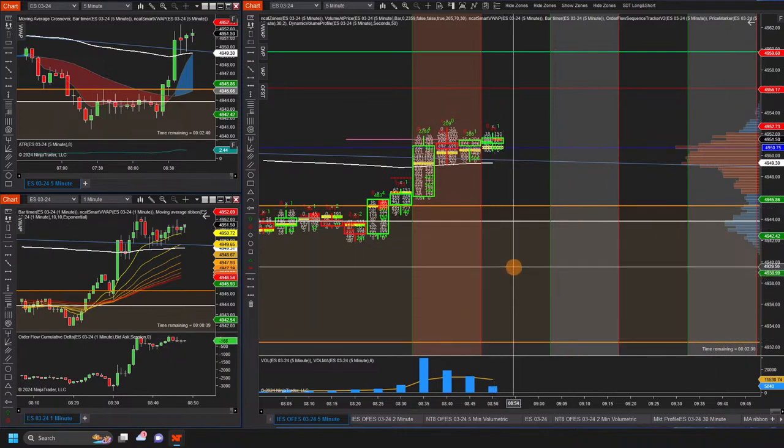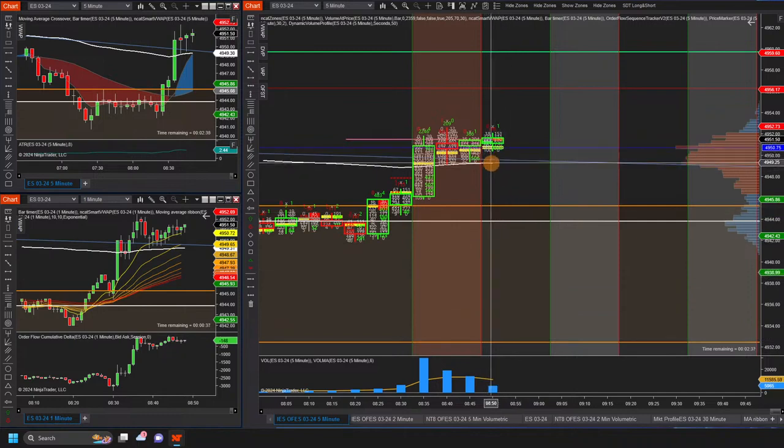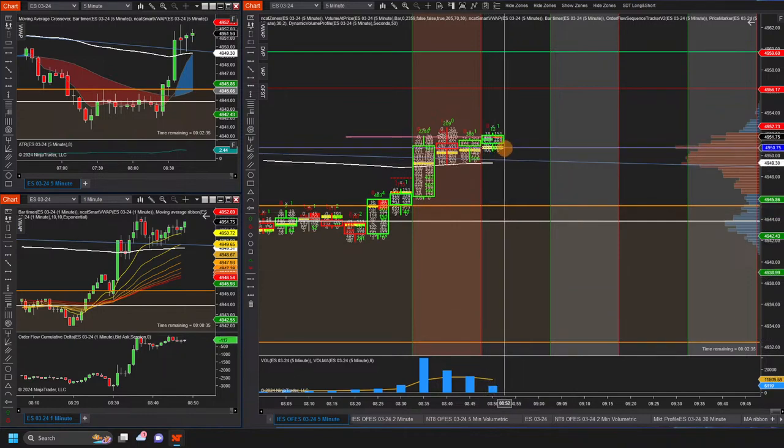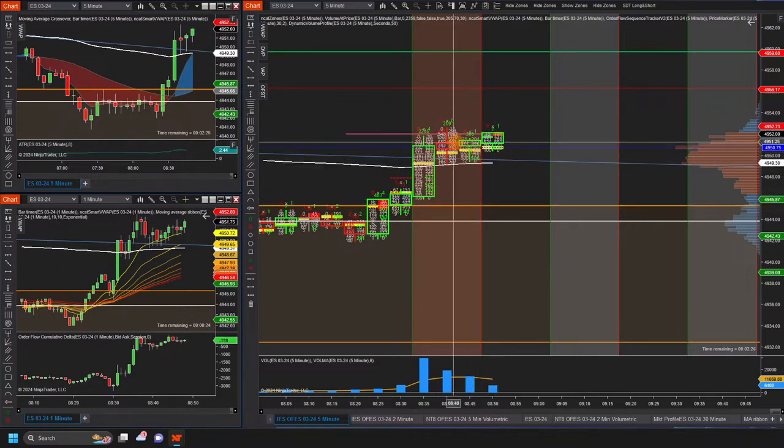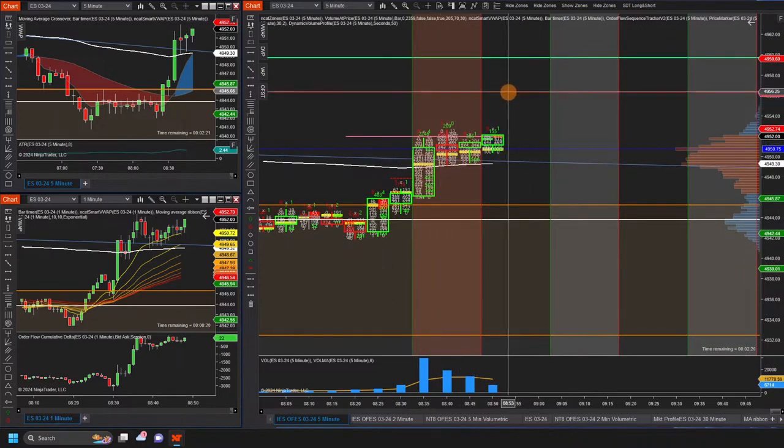That's going to require a breakdown below the POC, below this trend line, below this VWAP, and then below here. So right now we're moving in the opposite direction. Looks like we're targeting 49.56 to the upside here and go retest that prior day high.